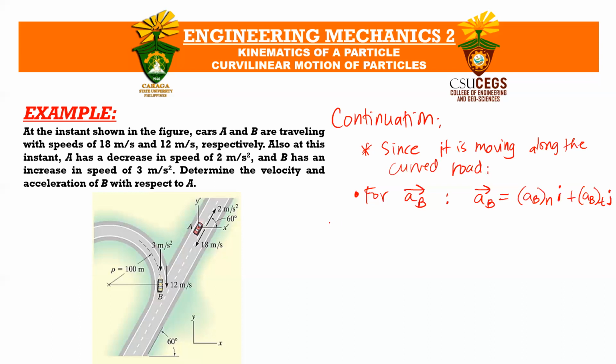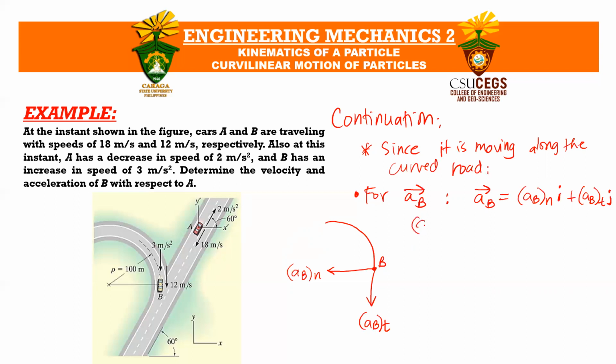If we redraw car B, moving along the curved road, tangential means it is tangent to your curved path. So this is your tangential component. And normal means that it is perpendicular to your curved path. So that would be your normal component of car B.